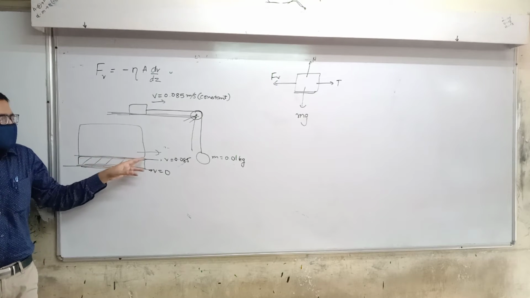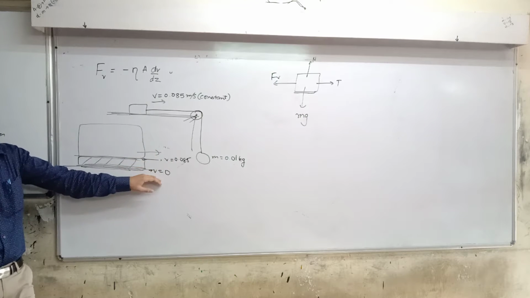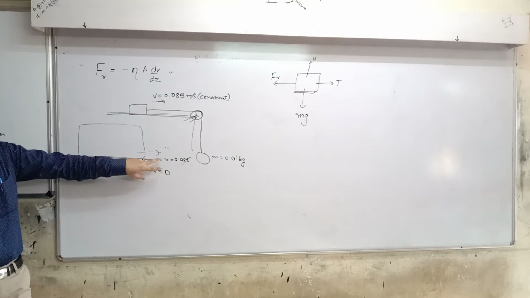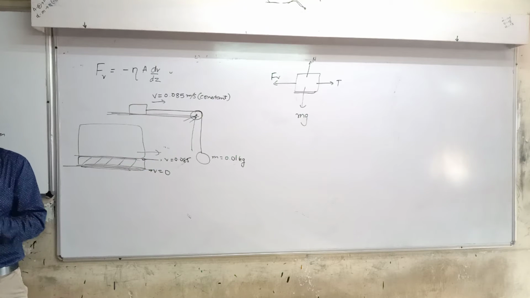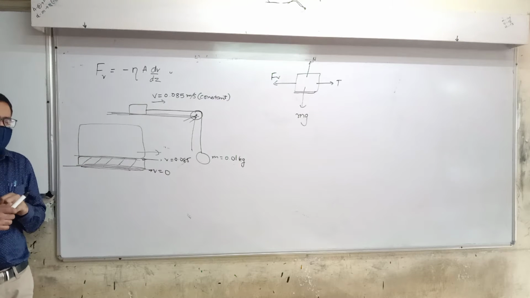Okay. So we have 0.085 as the speed here, and over here the speed is 0. Now, there is a difference of velocity between two layers, there is a velocity gradient. How much is this thickness? Is that mentioned?